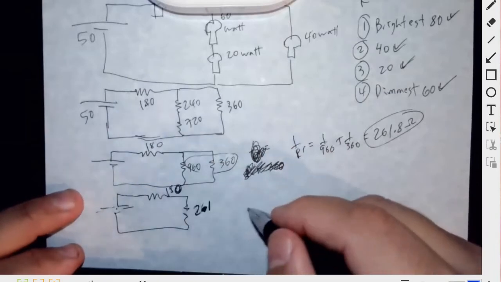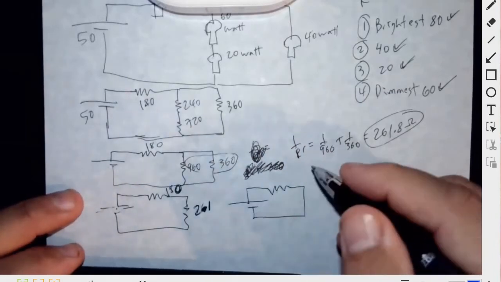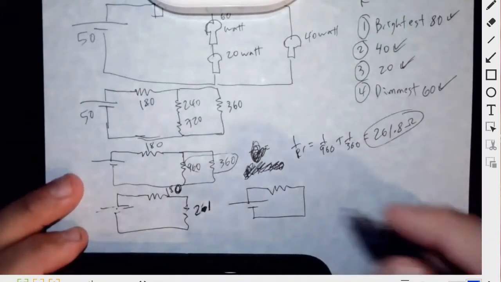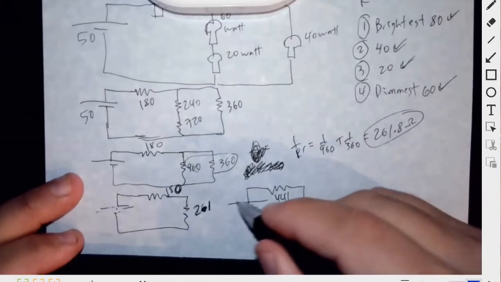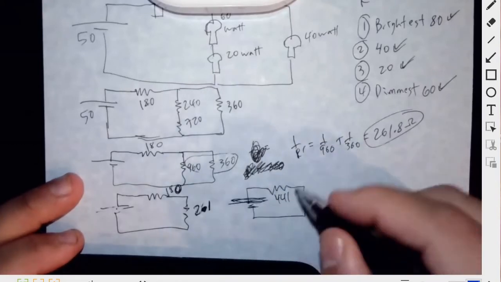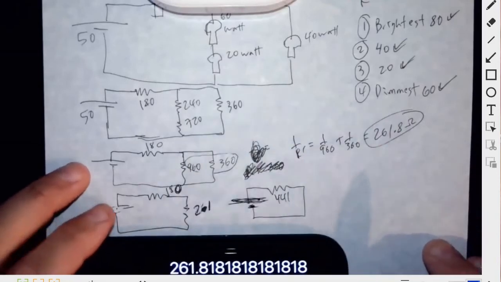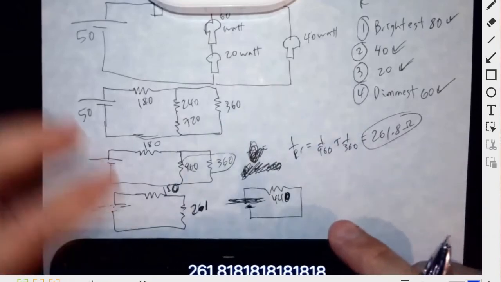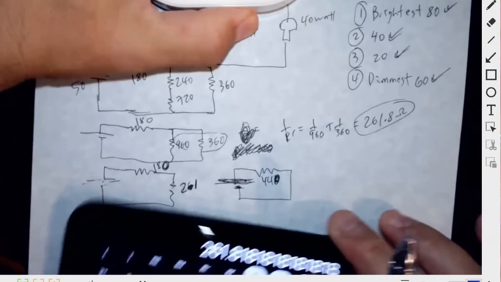Okay, so then the total resistance is going to be, what is that, 441. Okay, now at this point, maybe we could just round it. We could say 440. So the total resistance of the circuit is approximately 440.